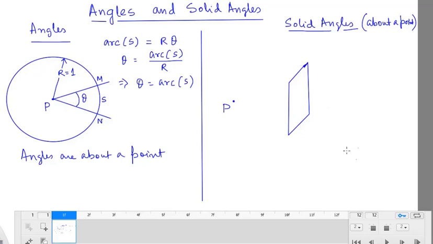and you join the edges of this area from point P. You need to join the edges. How do you join? Join this, join this, join this, and also you need to join that area. Let me draw a solid line first.